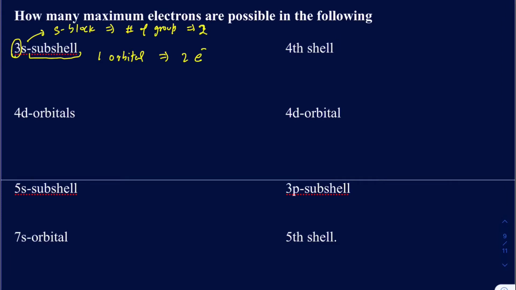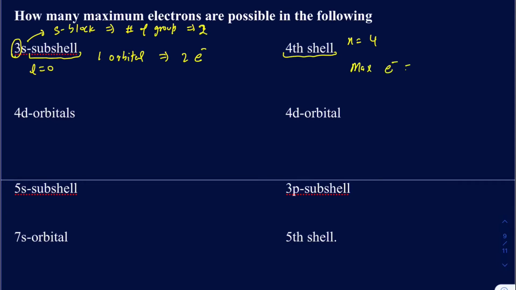Okay, let's look at this next one, which says 4th shell. Well, now we're looking at the shell, which means the n value is actually 4. So when you have the n value and you're not given anything else, like the subshells or the orbitals, you're only talking about how many total electrons collectively can be placed in a particular shell, and you can always use this formula.